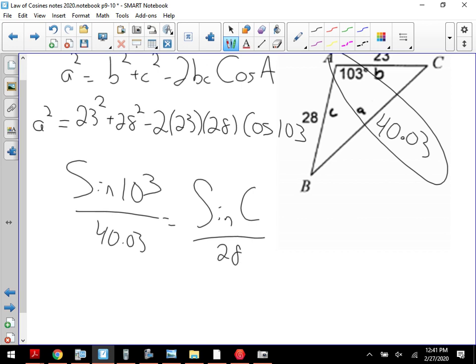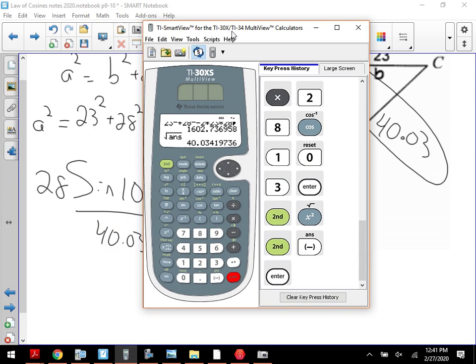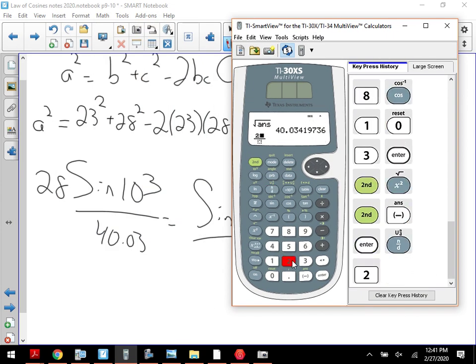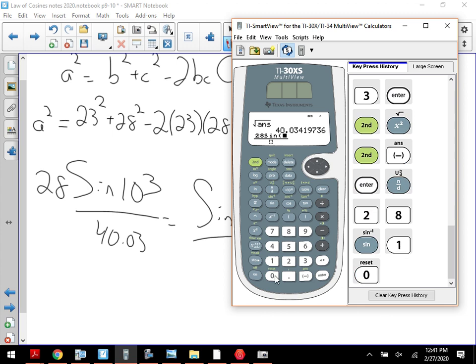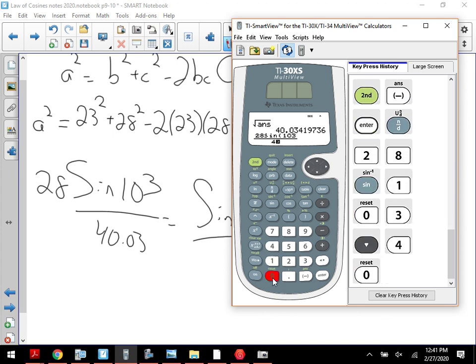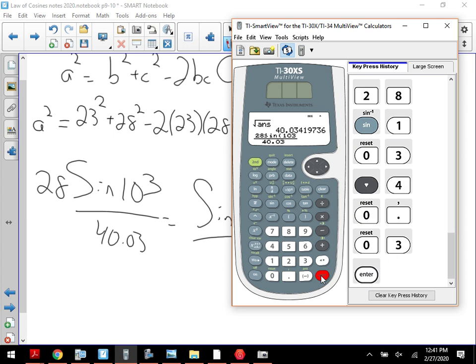By now, we all know that this 28 just needs to move over here. So what people are usually doing is just erasing it and rewriting it here. Type all of that in. Fraction bar, 28 sine 103 over 40.03.